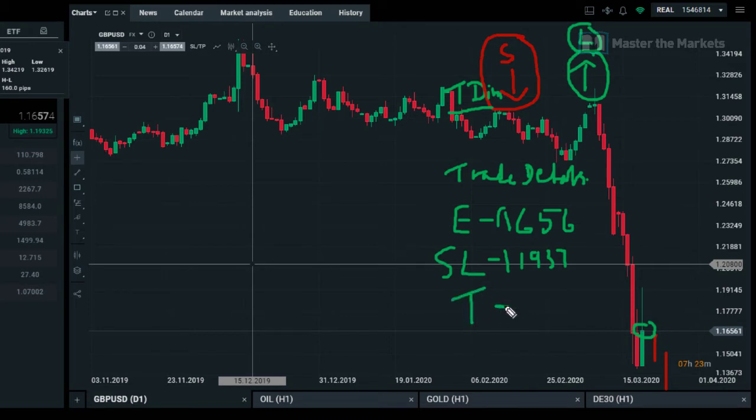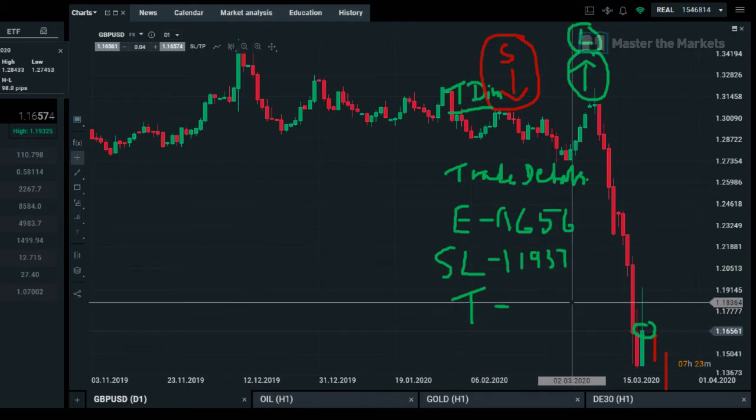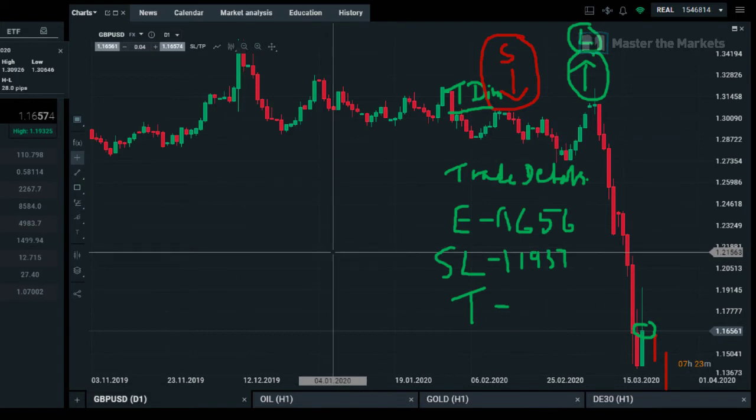Finally, I get my target level, and let's say I'm going to place it at 1 ATR. I had calculated 1 ATR on my calculator, and I'll show it to you right now.